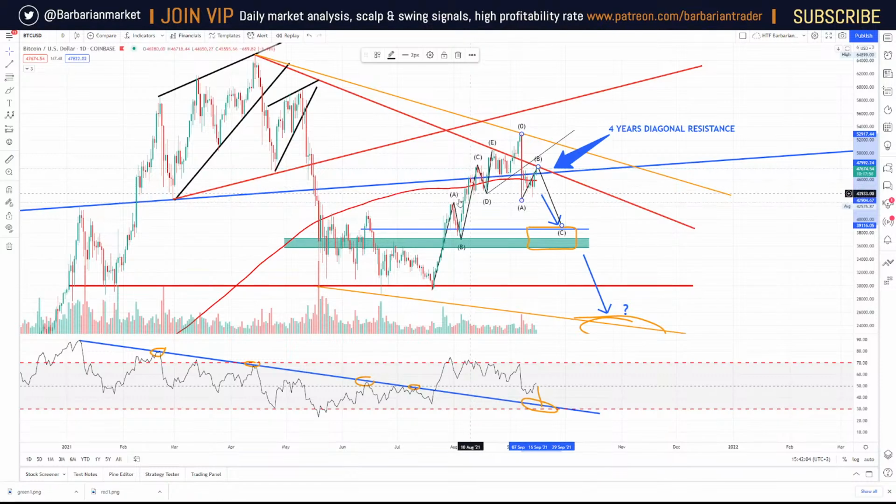People who go long in this area, okay, people who go long here or here or here, I don't want to offend anybody, but there are many beginners in the space, and they tend to put a very tight stop loss or to put a stop loss in the previous bottom. And then the market makers, they like to liquidate those long positions with tight stop loss.